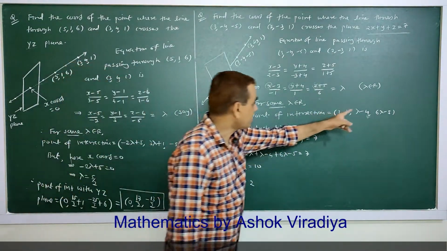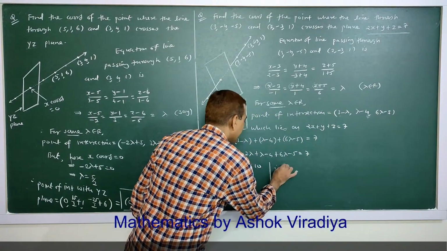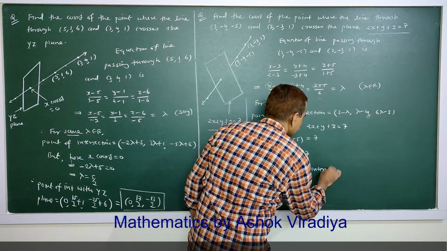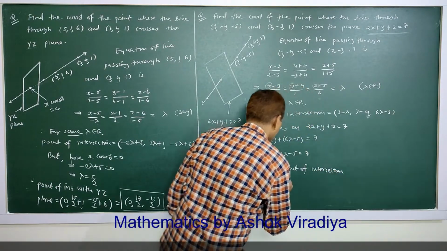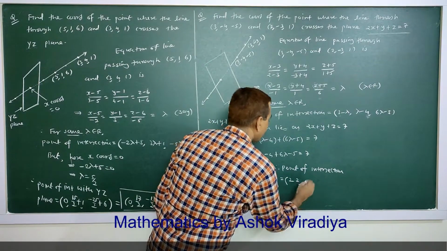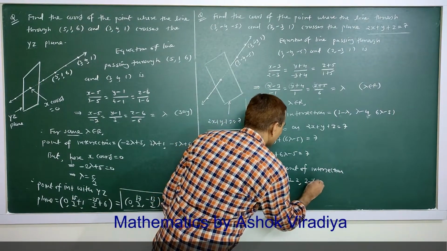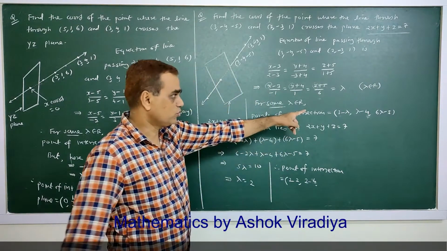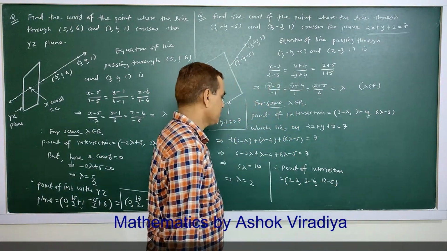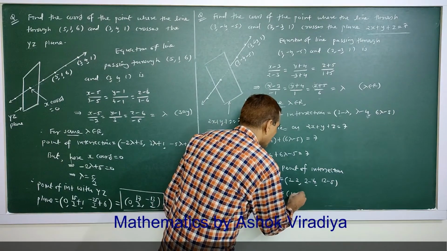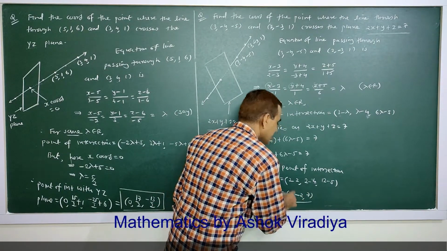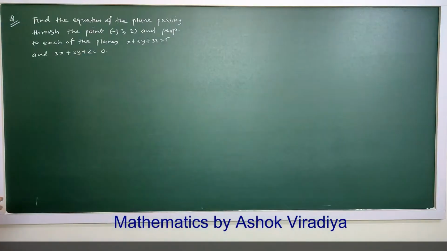Putting lambda 2 here, the point of intersection is (3 − 2, 2 − 4, 12 − 5). So that is (1, −2, 7). So this is the point of intersection.